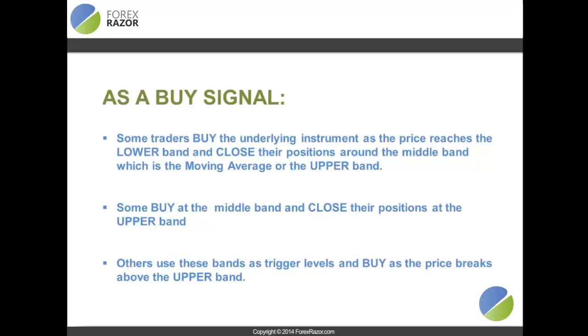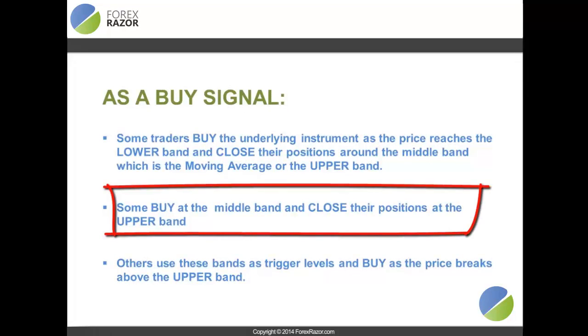Let's see how the Bollinger Band indicator acts as a buy signal. Some traders buy the underlying instrument as the price reaches the lower Bollinger Band and then close their trade positions around the middle band, which is the chosen moving average, or the upper Bollinger Band. Some traders might buy at the middle band and then close their trade positions at the upper Bollinger Band.